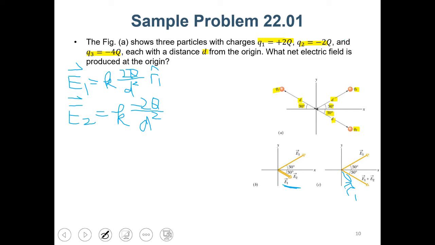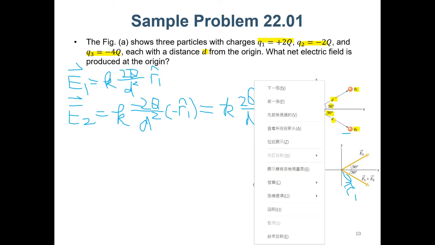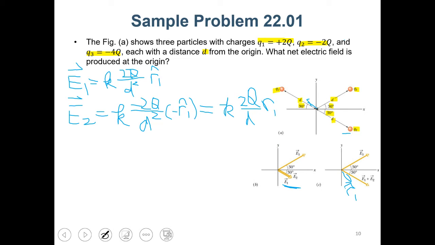But here the unit vector should point to this side, which means the unit vector should be minus R1 hat. So we have two negative signs, so it is nothing but K 2Q over D squared times R1 hat.